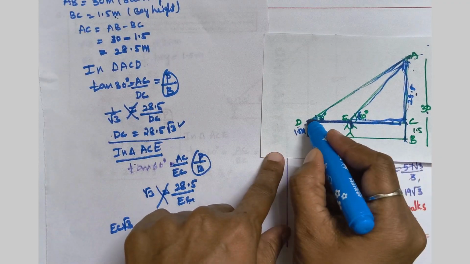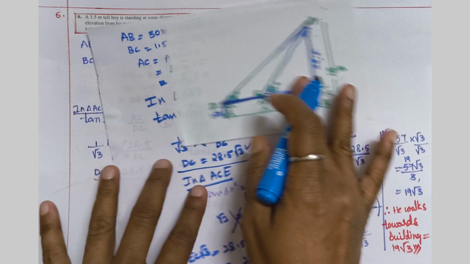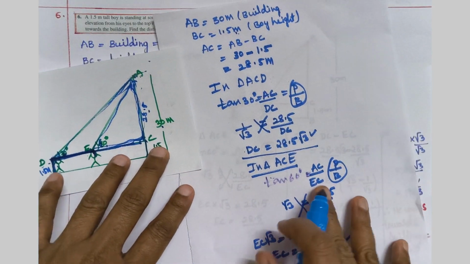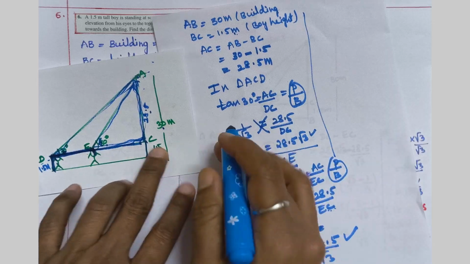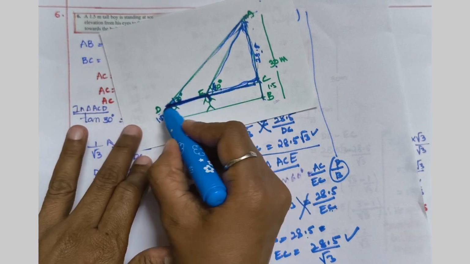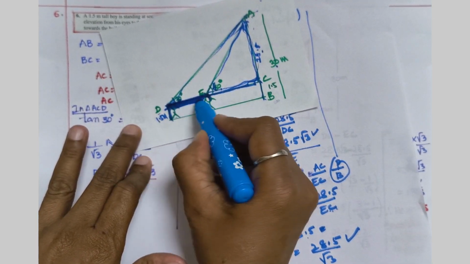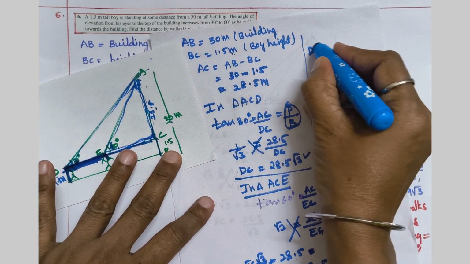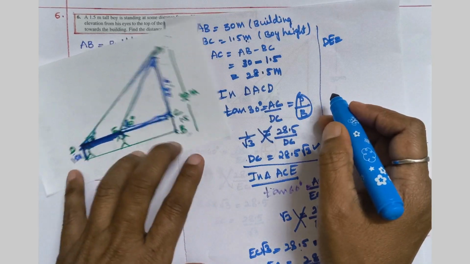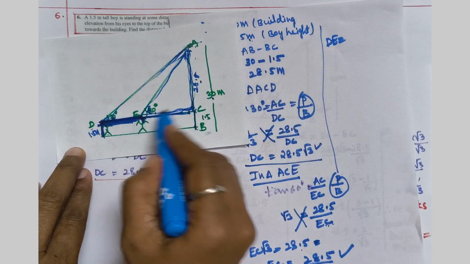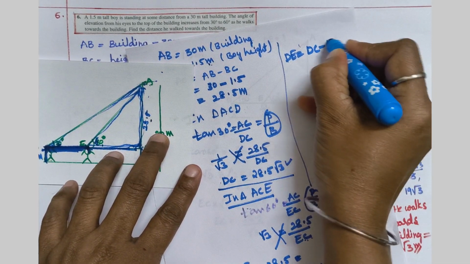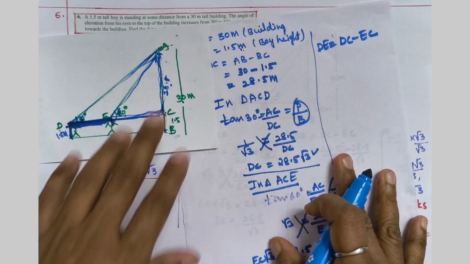Now you want only the DE value, the distance this person walks towards the building. DE is equal to DC minus EC.